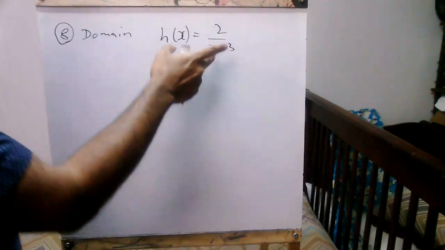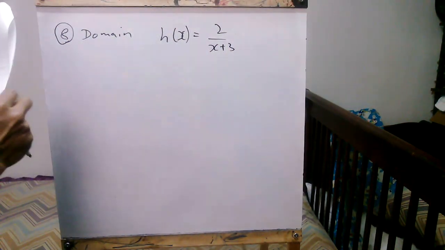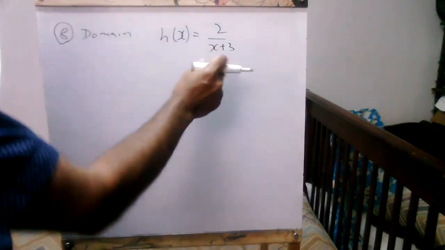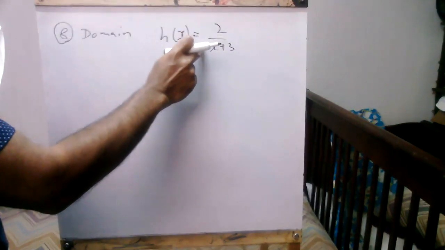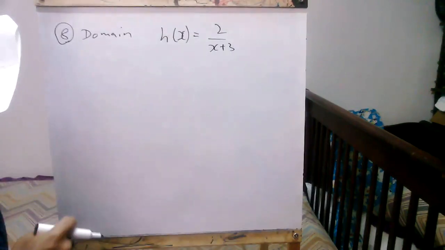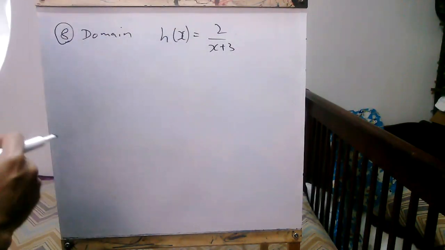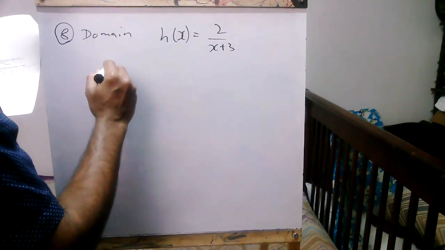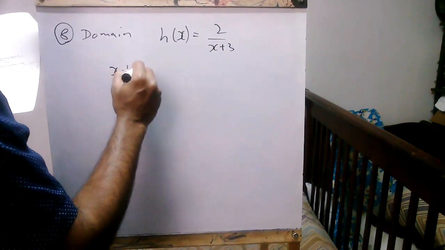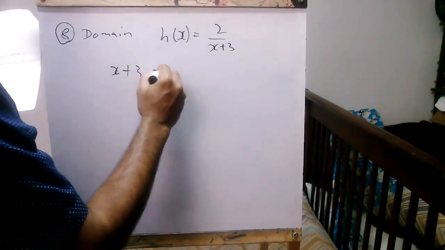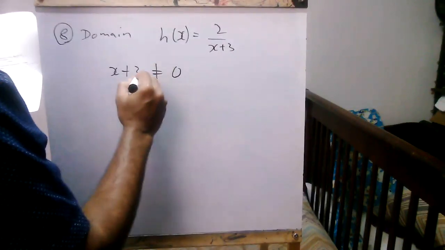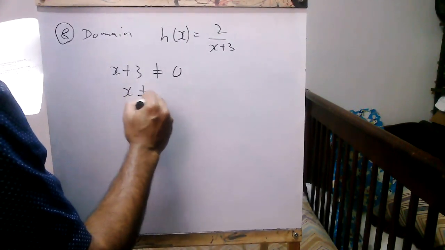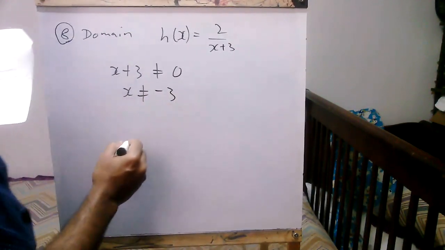X values where the function is defined is the domain. So in other words, we have to find the restriction. Restriction is here in the denominator. If the denominator is 0, h(x) is undefined. Therefore we say x plus 3 should not equal 0, which means x should not equal negative 3.